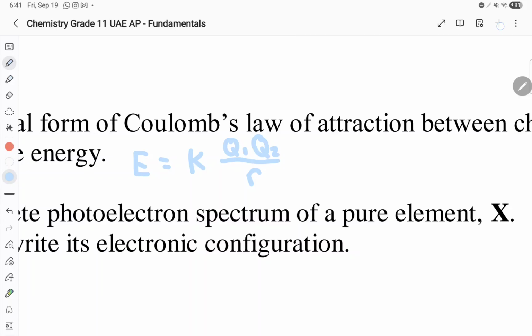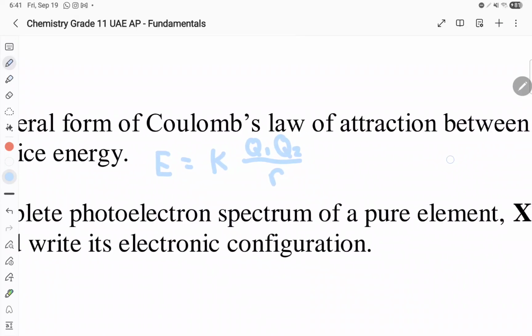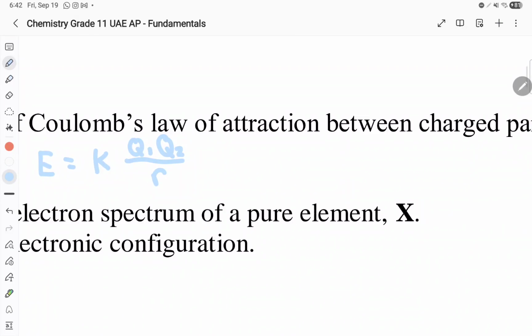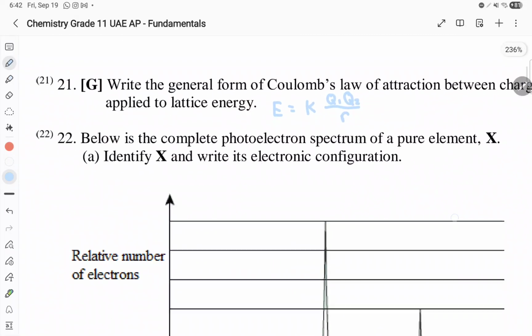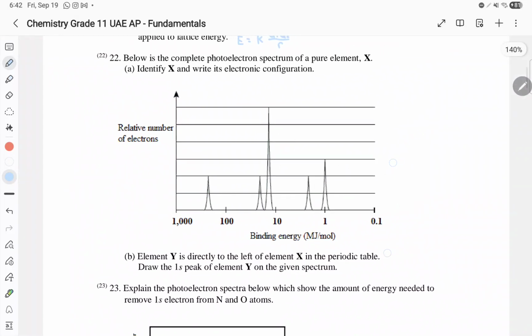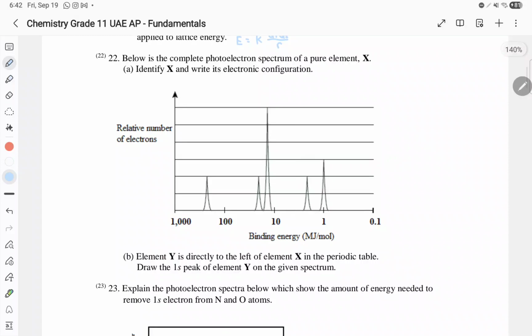Now there's another law of attraction with forces, but I doubt they're going to ask: F equals the constant K, charge 1 times charge 2 over R squared. But that's for forces, so I doubt they're going to ask us, but keep it in mind. Now here we have a photoelectron spectrum.